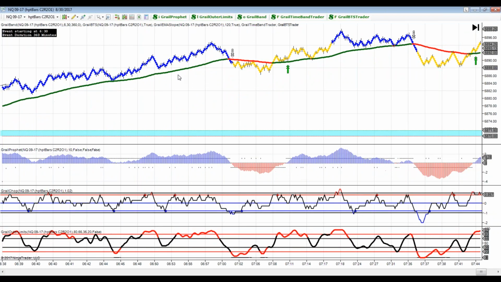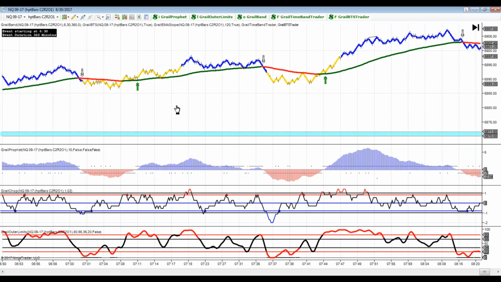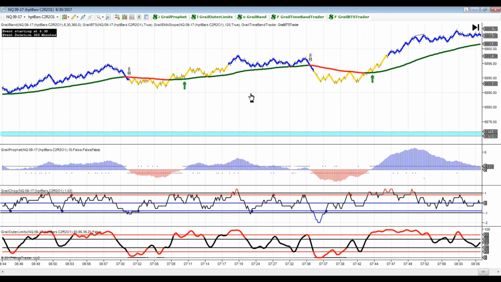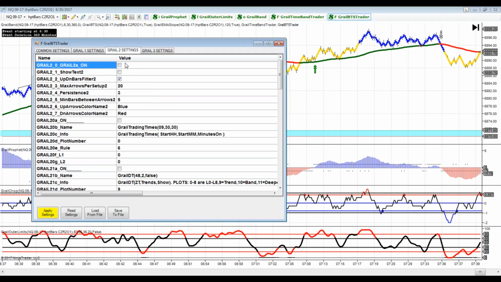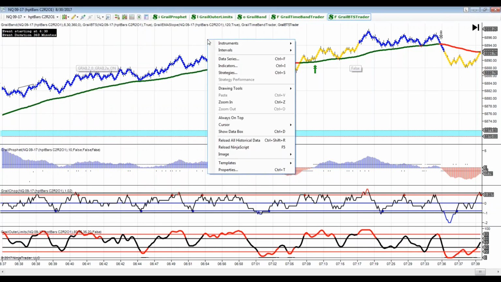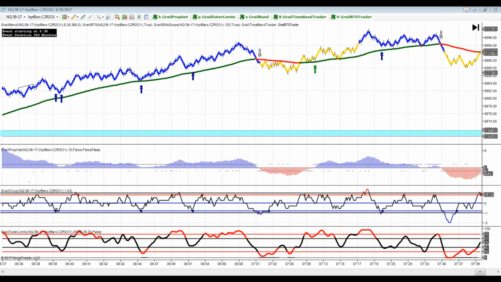And then that's a Grail 1 BTS, Grail 1 BTS. Oh, I have 2 off. That's why. 2's off right now. My bad. There we go. Now we have the preferred. So Larry, okay, now we're good to go on everything.